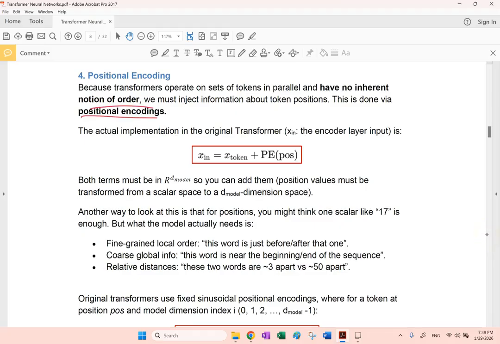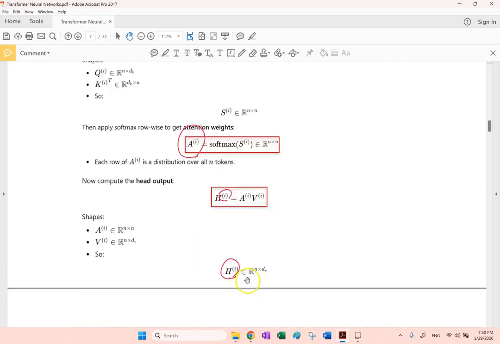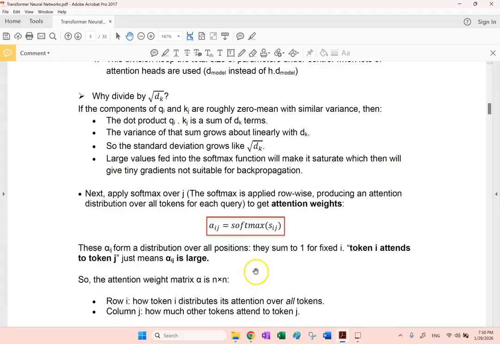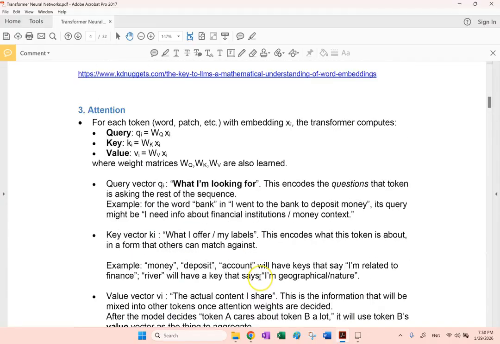So this is the part that I explained. There is no inherent notion of order. So, first of all, the thing that you send to the attention layers, as I said, is the one coming from the tokens and the position embedding, and then you send it to attention. So this X that you see here that we said we're going to send to get the Q's and the V's and everything, this X is not just the ith row of the embedding matrix.